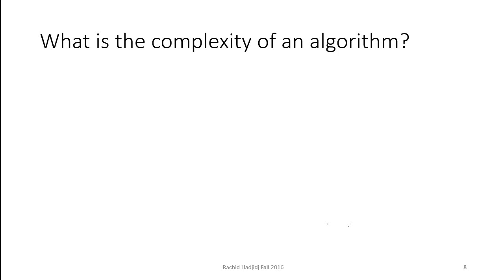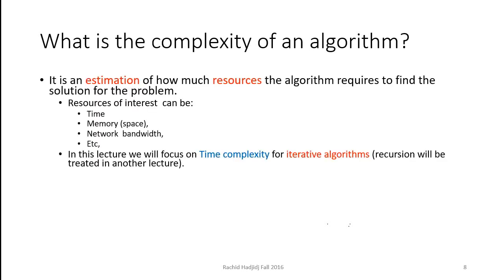After writing an algorithm, we want in general to know if it is efficient or not, and to do so, we have to conduct a complexity analysis of the algorithm. But first, we need to understand what is the complexity of an algorithm. Well, it is just an estimation of how much resources the algorithm requires to find the solution for the problem.